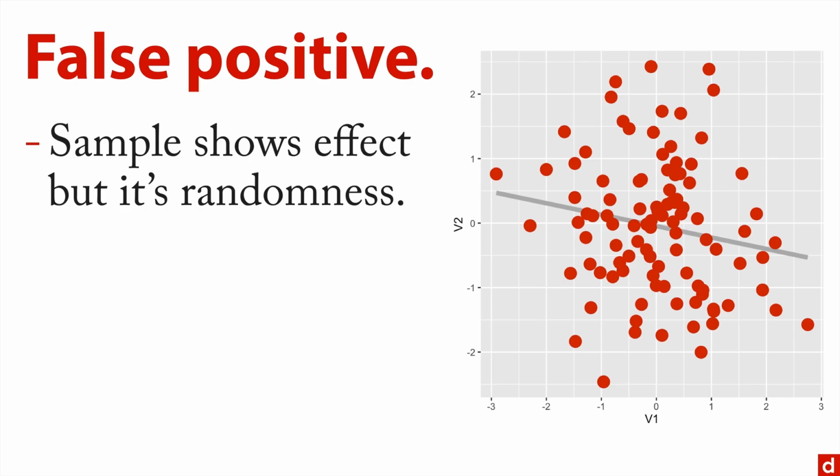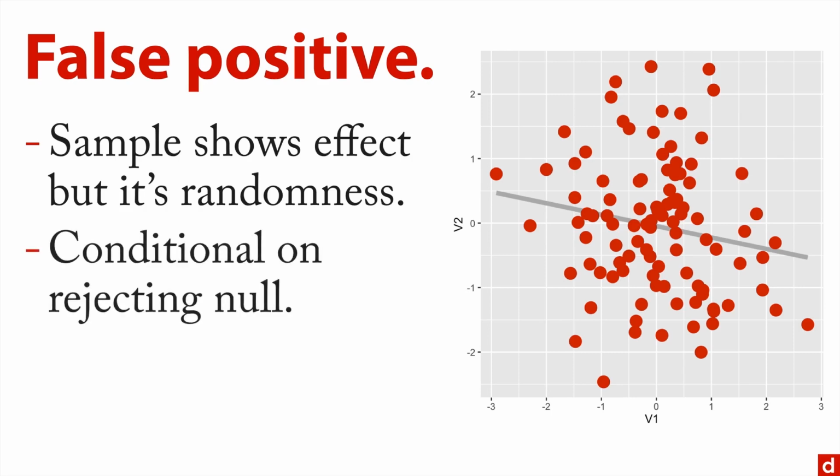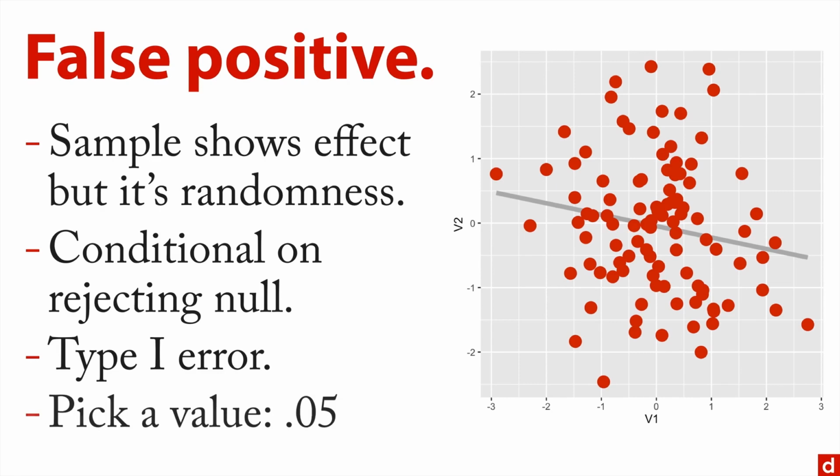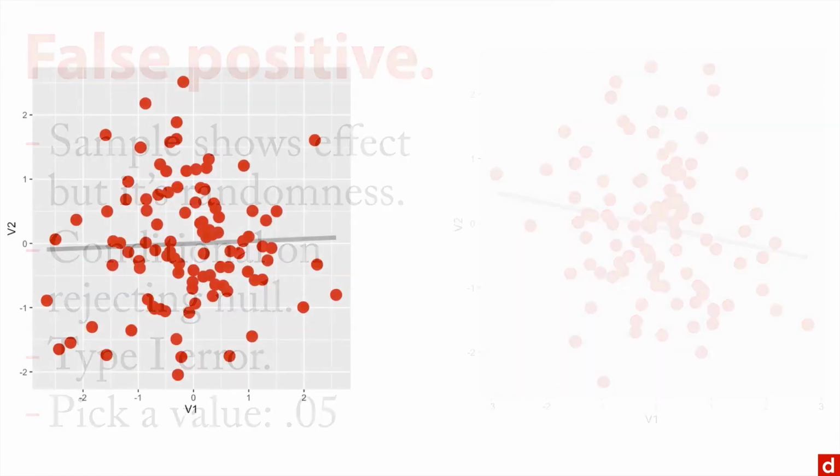It took about 20 rounds, but it looks negative, but there's really nothing happening. The trick about false positives is that's conditional on rejecting the null. The only way you can get a false positive is if you actually conclude that there's a positive result. It goes by the highly descriptive name of a type 1 error, but you get to pick a value for it, and 0.05 or a 5% risk if you reject the null hypothesis. That's the most common value.